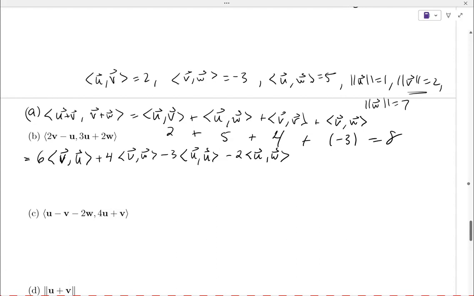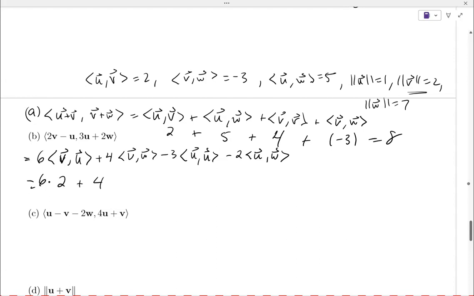And do we have values for each of these now? And what's the v inner product with u going to be? Oh, it's 2, right? We know the inner product is commutative. So v inner product with u is the same as u inner product with v. So this is 6 times 2.